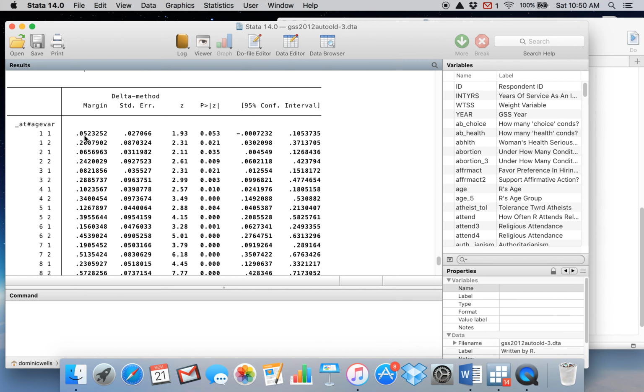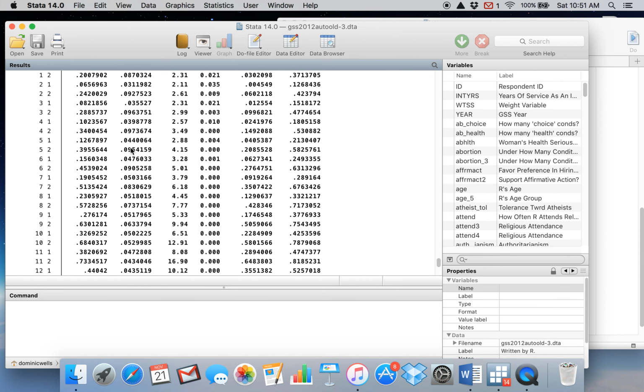And you get the same 0.05, 0.20. You can see that the changes are different at different points in the scale.